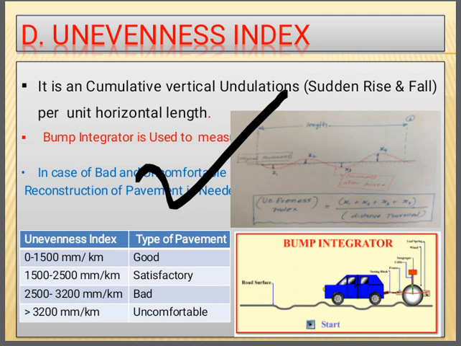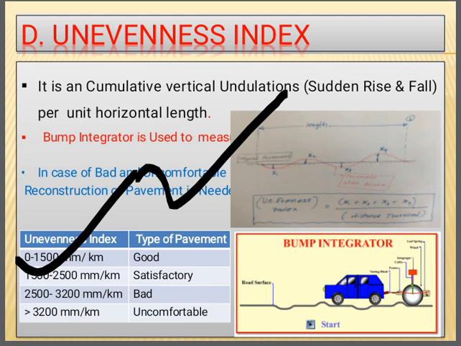Now, if the unevenness index ranges from 1500 mm per kilometer to 2500 mm per kilometer, then that pavement is called a satisfactory pavement.